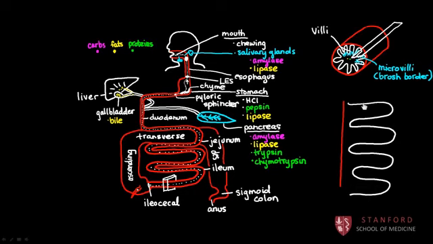Because we've zoomed in a bit, you can actually see that the brush border or the microvilli are made up of cells called enterocytes. And each of these cells has their own nucleus, and they're selective cells that can aid in the absorption of all of the important nutrients in the small intestine. So these guys are called enterocytes.